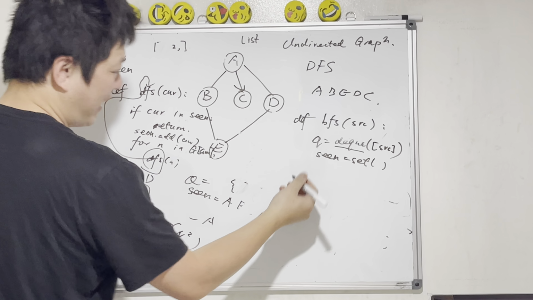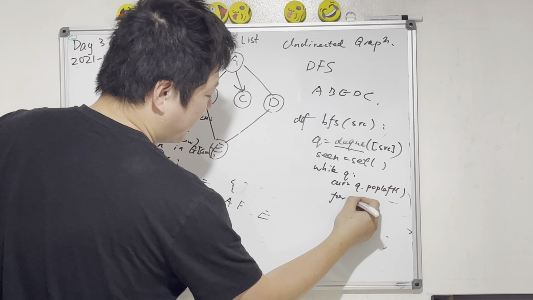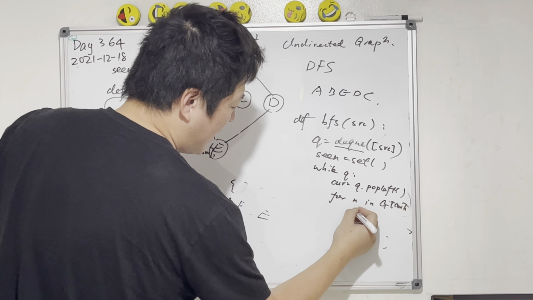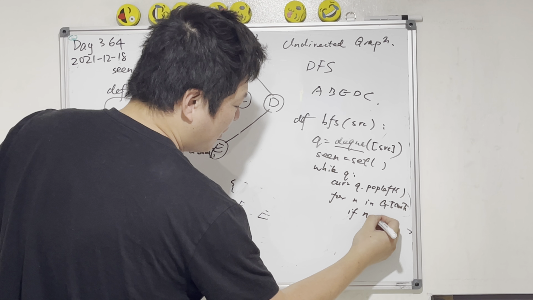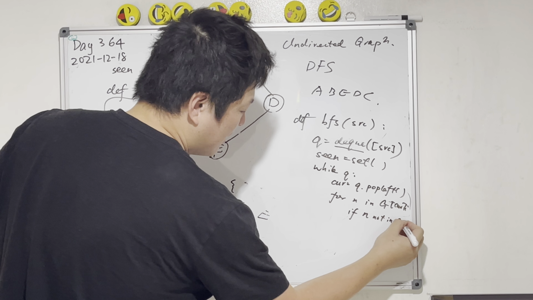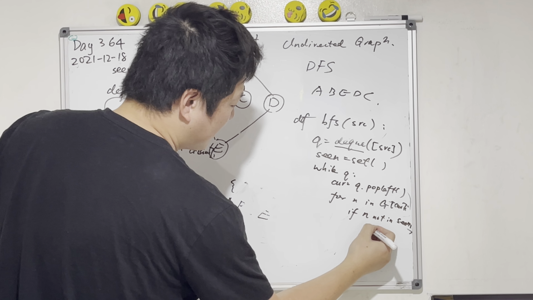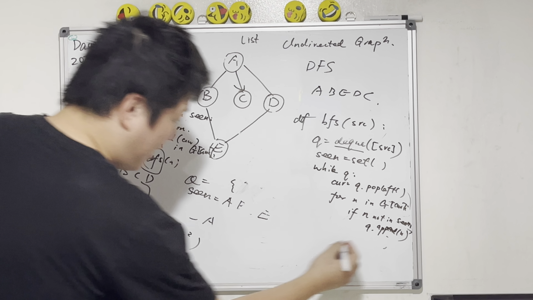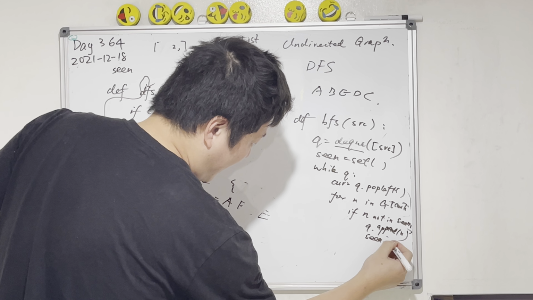Okay. So while Q, we can say current equals Q dot popleft. And then we can just say for node in G of current, if n not in seen, we just Q dot append n, right? And then obviously we need to put it in seen, seen dot add n, right?